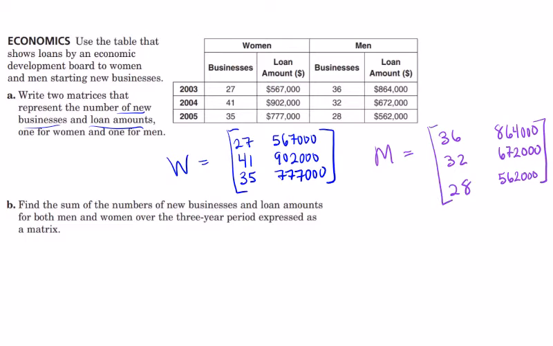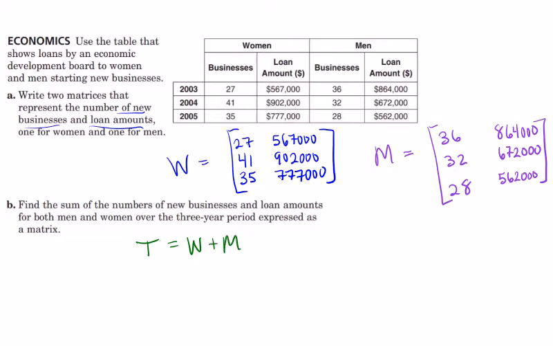So that's step A. Step B: find the sum of the numbers of new businesses and loan amounts for both men and women over the 3-year period, expressed as a matrix. So all they're asking us for is the total amount, which is the two matrices combined.